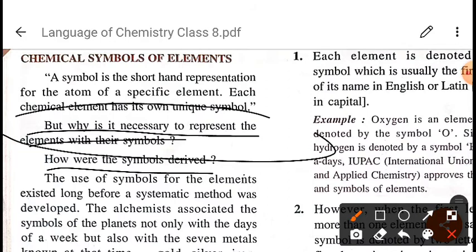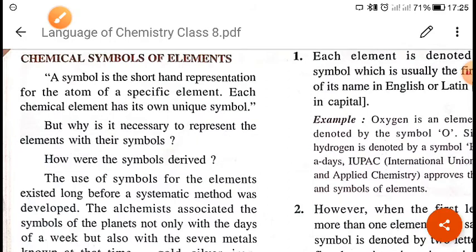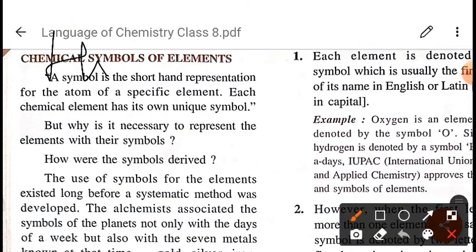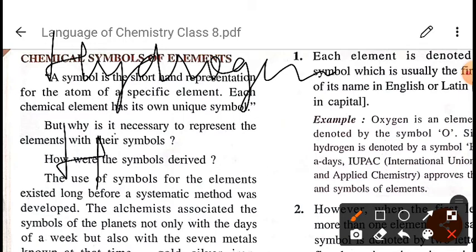The answer to the first question is that using symbols saves our time, space and energy. As you can see, writing hydrogen in full took so much time and space, but if we represent it with H, it saves our time, space and energy.